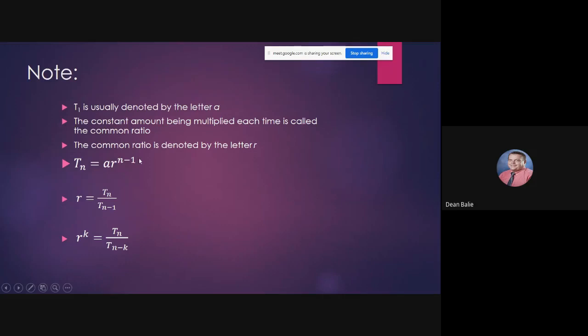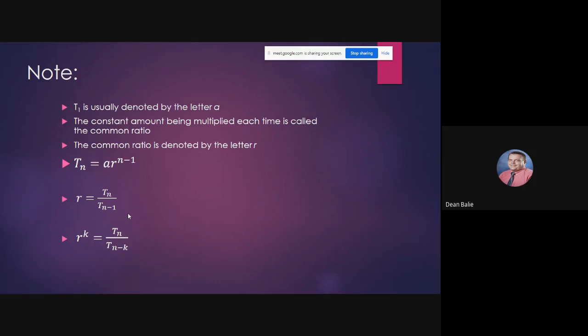So this exponent here is always 1 less than the position. We found that with arithmetic sequences as well, where the d value was being multiplied by always 1 less than the actual position. Okay, this formula over here, r is equal to Tn over Tn minus 1.